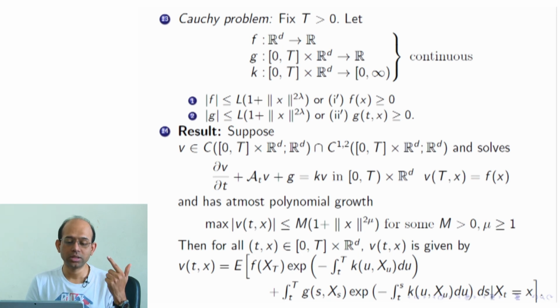Then we can write down the solution v in terms of a conditional expectation. For all (t, x) in [0, T] × R^d, v(t, x) is given by this formula.